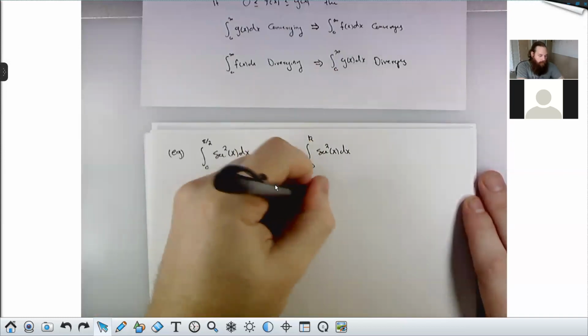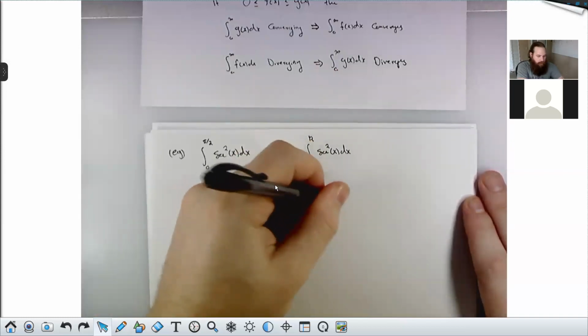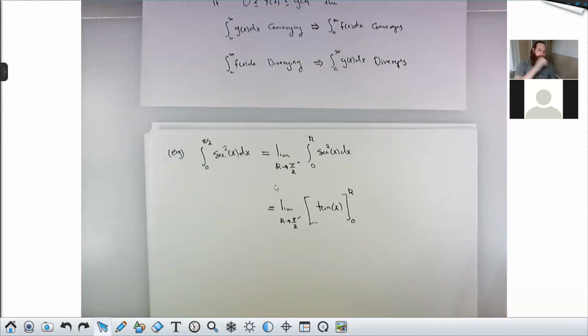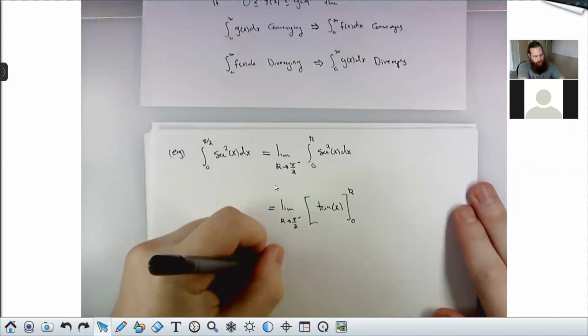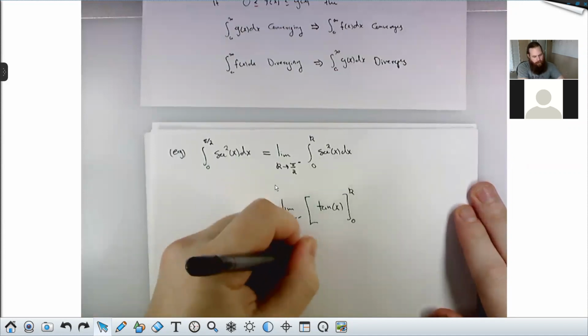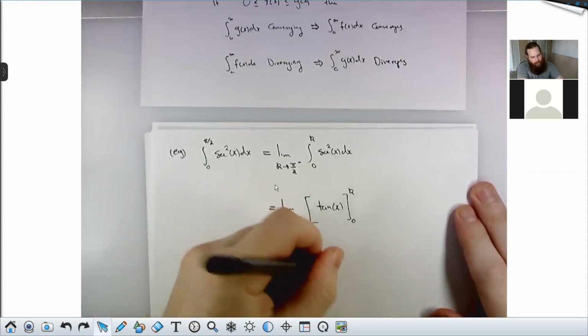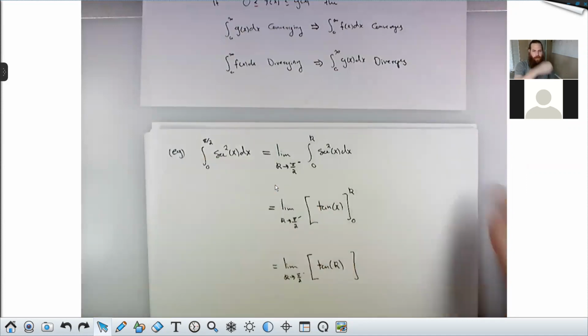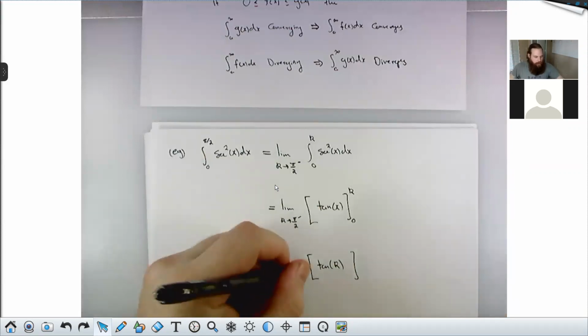The antiderivative for secant squared is tangent. So that's the limit as r approaches pi over 2 from the left of tan r minus tan 0, which is 0. What does tangent do as you sneak up on pi over 2 from the left?